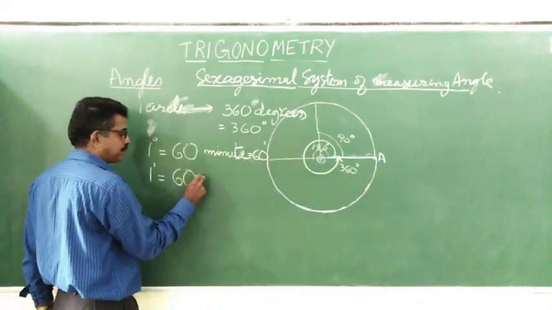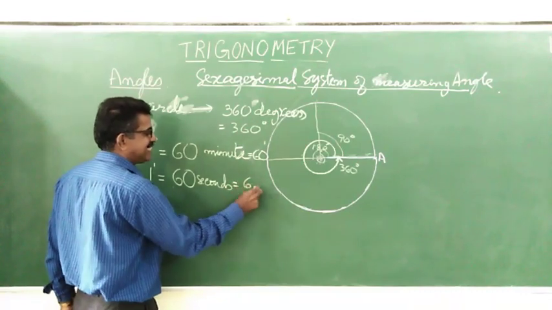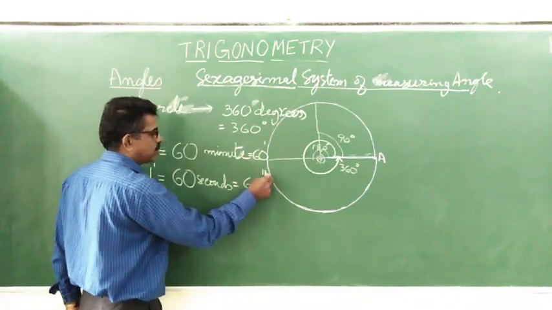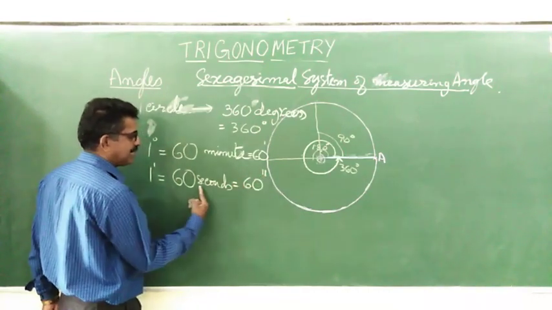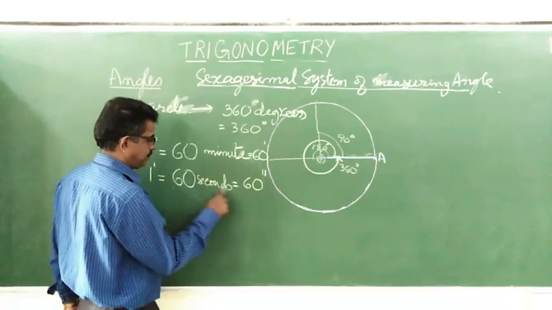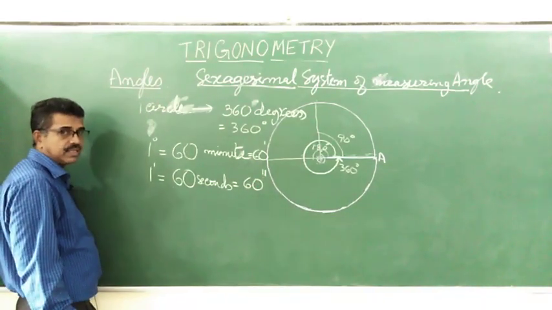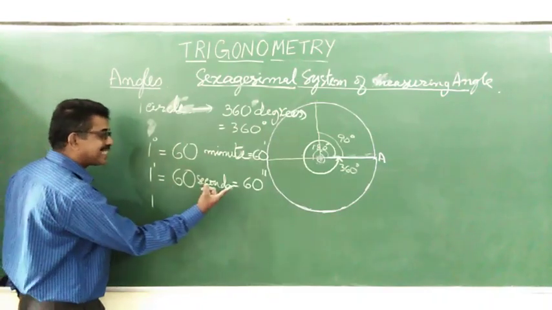60 seconds is denoted with the 60 double dash. This notation stands for what? Seconds. Seconds is denoted like this. 60 seconds. Therefore, 1 minute is 60 seconds.